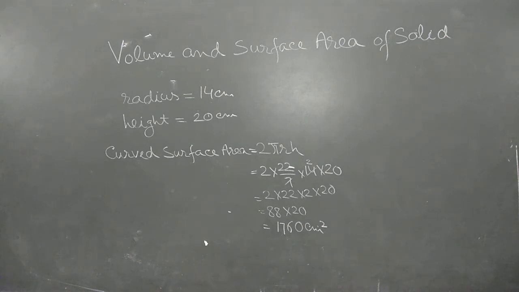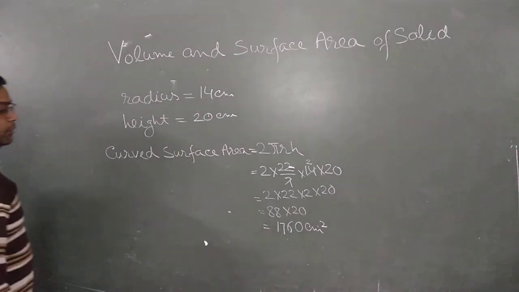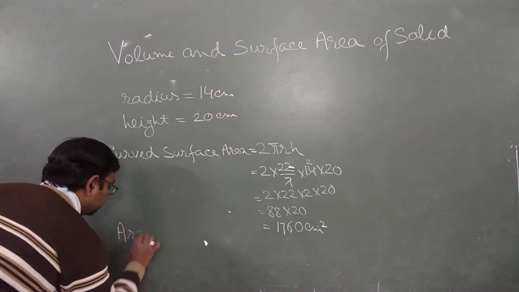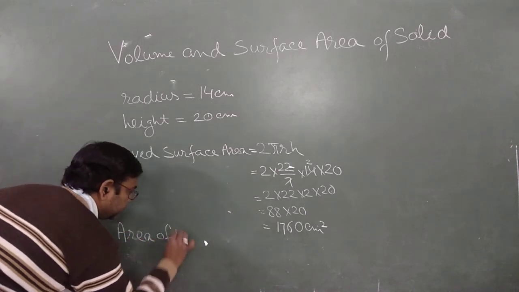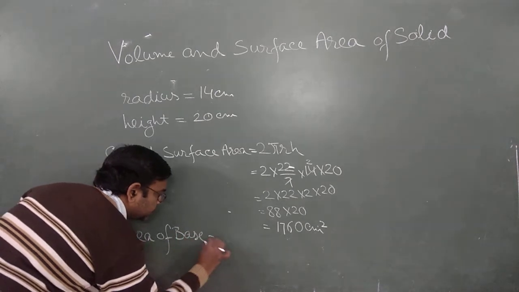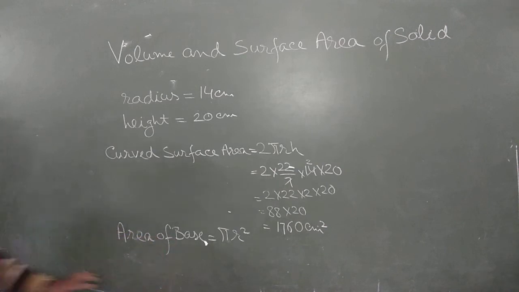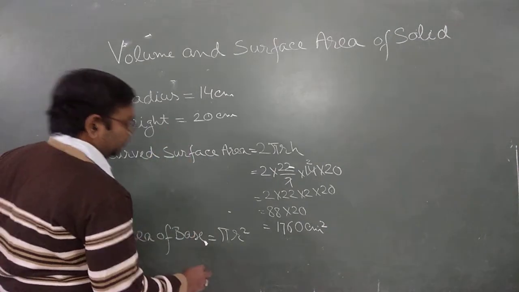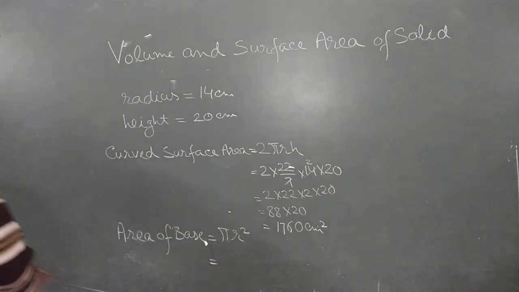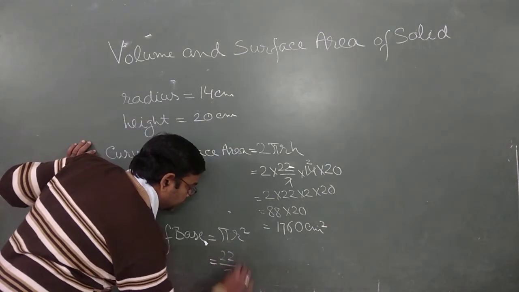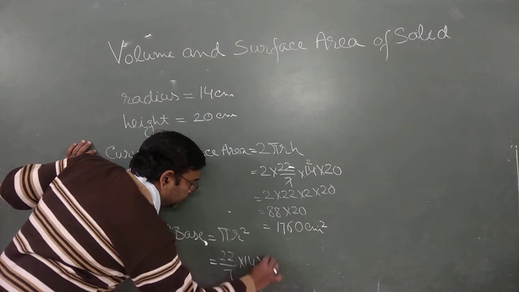Now if the question asks what the total surface area is, before finding it we need one thing: the area of base or area of top. If it's given, suppose the area of base is pi r square, and this is the same for the area of top. So you can easily find the area of top. It's 22 upon 7 into 14 into 14.